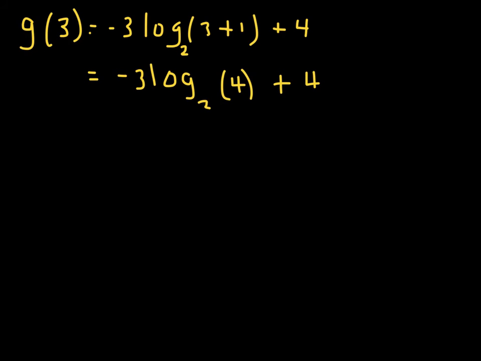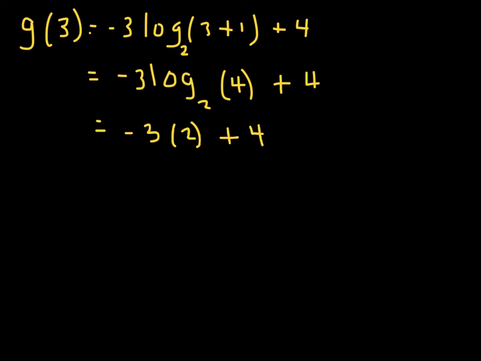Now, remember a logarithm is an exponent. The exponent to which I raise 2 to get 4 is 2. So then this is negative 3 times 2 plus 4.